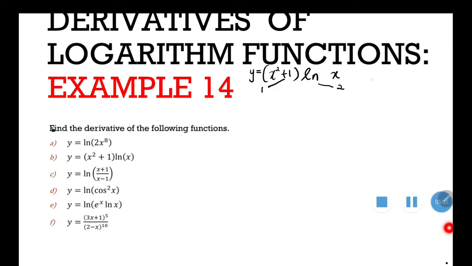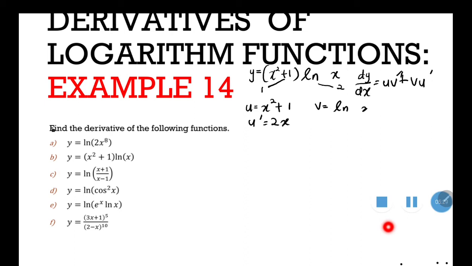I know no one will answer this, but you should use dy/dx equals uv prime plus vu prime. So u here is x squared plus 1. u prime should be what? 2x. And v is ln x, and v prime should be 1 over x.